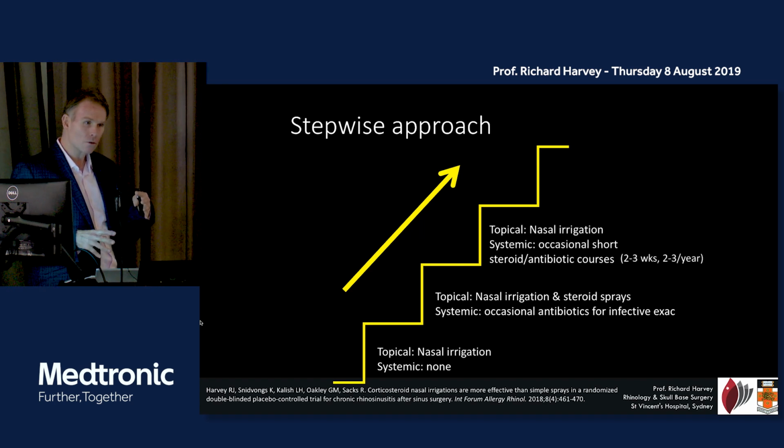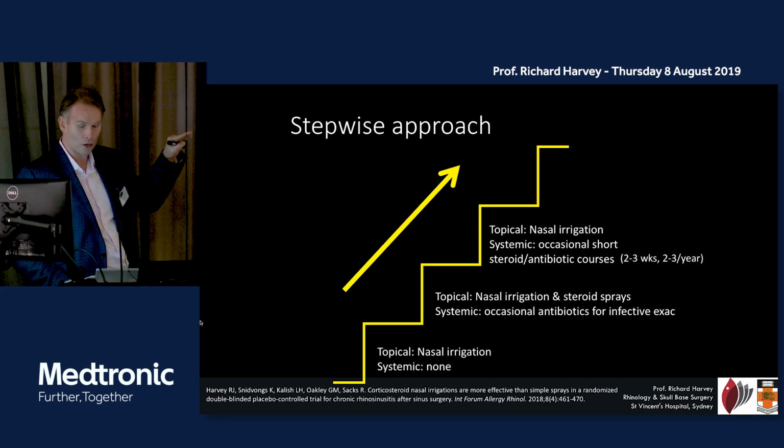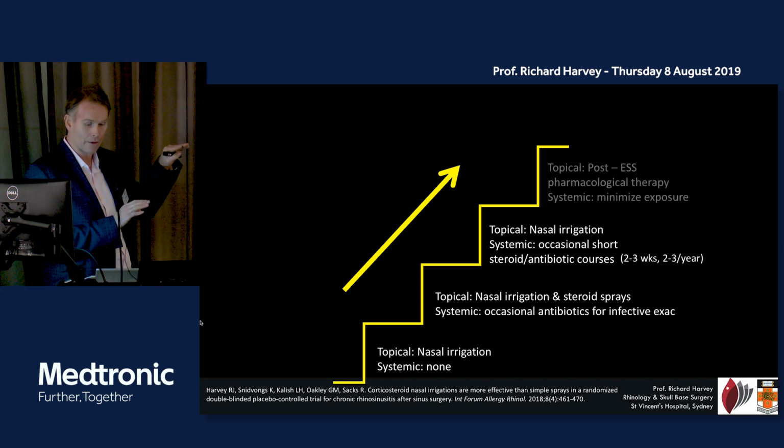Probably 2 to 3 weeks at a time, 2 or 3 times a year, is about what I recommend. There's a bit of evidence that if you use systemic therapy to manage an airway problem year in, year out, you start to see side effects, especially from corticosteroid use. So it's at this threshold that I talk to people about having surgery.